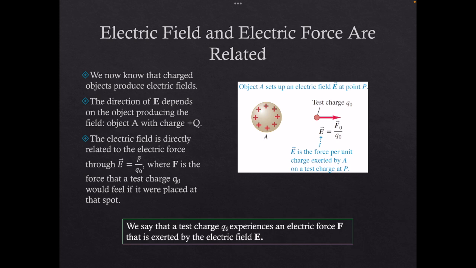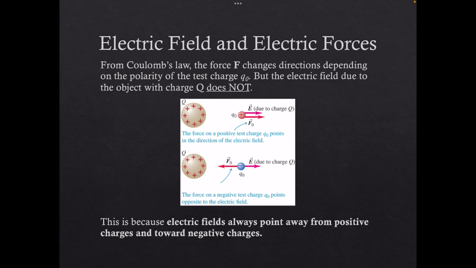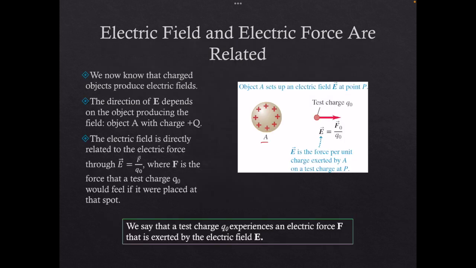So in this case, we have object A producing an electric field, and we've isolated just one field vector, the field vector that exists right here. But in reality, there is an infinite number of field vectors. Long ones that start really close, short ones that start farther away.